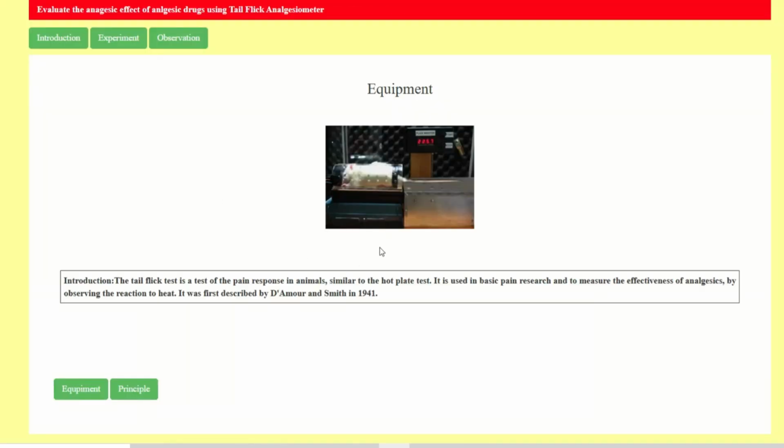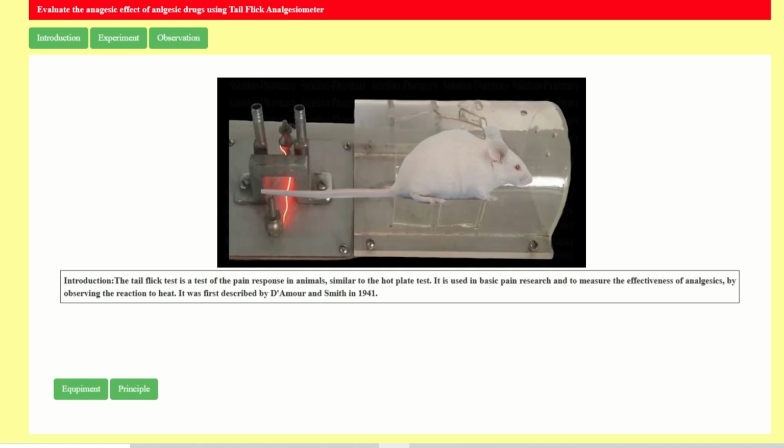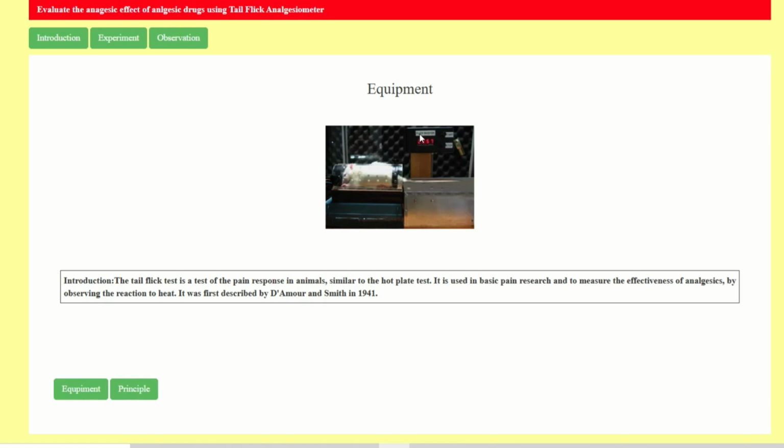So now you can see here the equipment in which the animal is kept restrained and its tail is kept aside, and here you will see the radiant heat source. When you start, it will give a measured heat.